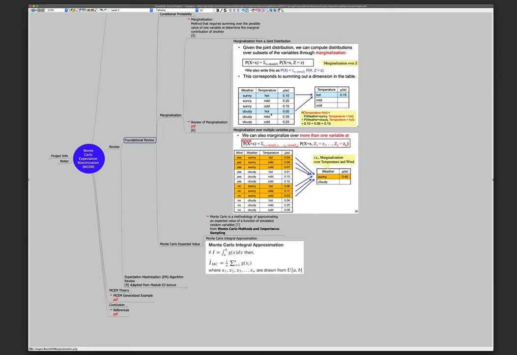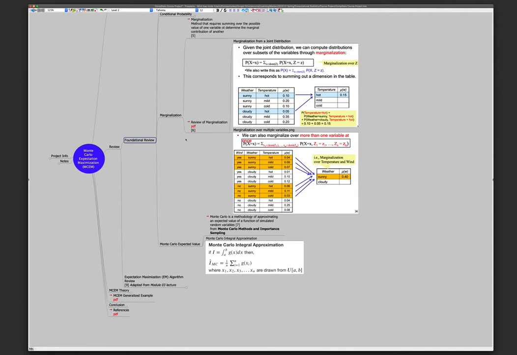If we want to find the probability of it being hot, we also have this weather piece of it, and we can just add those two up. That's the univariate case. Then for the multivariate case, if we wanted to find out about it being sunny, we could sum across all these things that are highlighted.